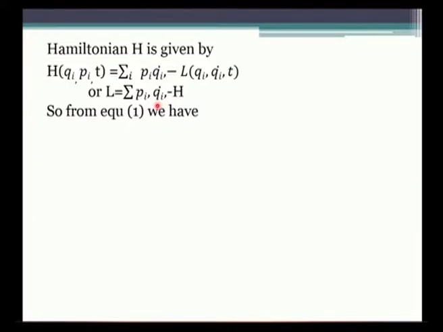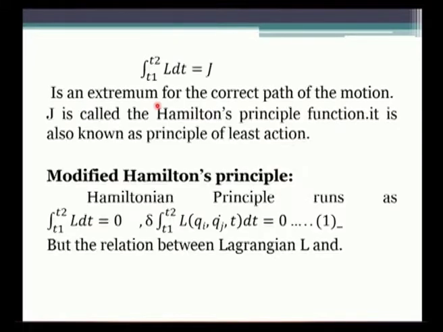So, from equation 1, the equation 1 we saw is delta of integral between t1 and t2 of L(q_i, q dot_j, t) dt is equal to 0. This is equation 1.